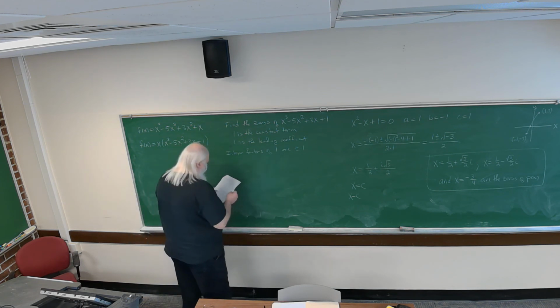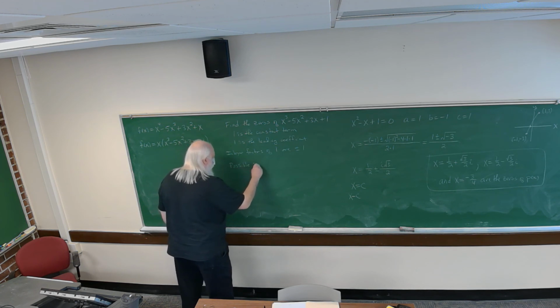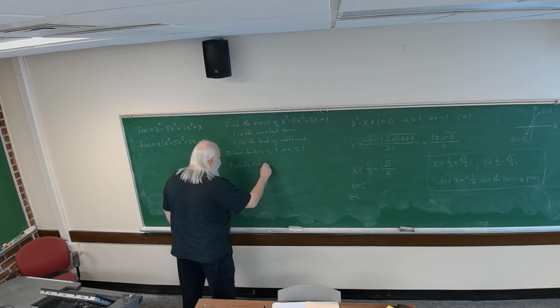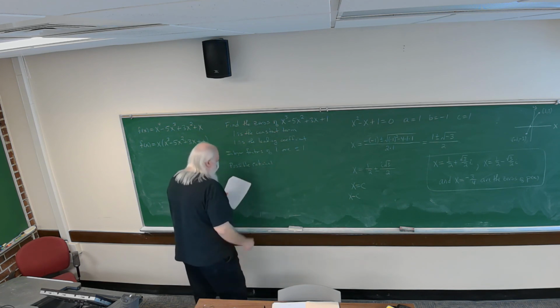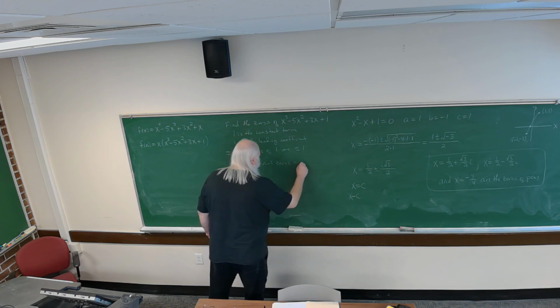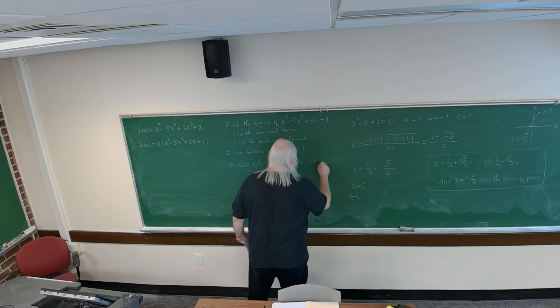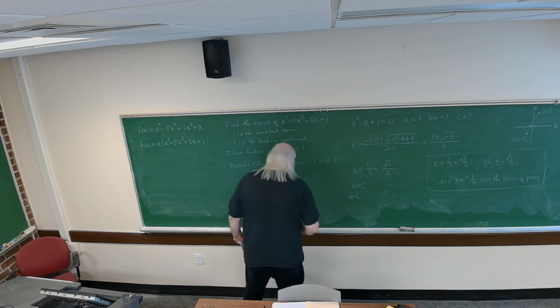So the possible rational zeros are minus 1 and plus 1.